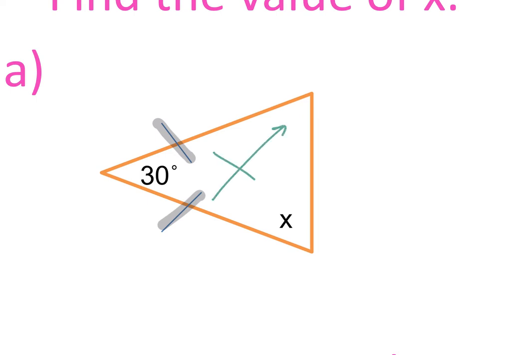So these angles would be equal, right? So this is x. So what's true about all three angles in my triangle? They add up to 180. So if I did 180 minus that 30, I'd get 150. And that's split between those two, which means each would be 75. That's pretty easy.